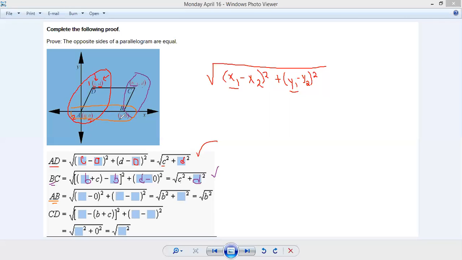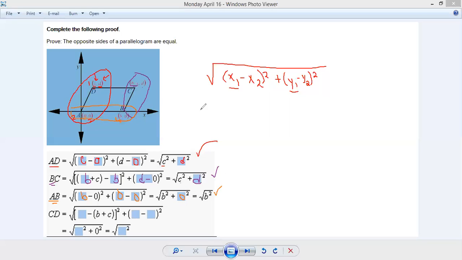Oops. So this is first. So we're going to have the B minus 0. So this is our first coordinate here. So that means I'm going to have to do the Y that matches it, 0, minus 0. So it doesn't really change. So then B minus 0 is B squared, and then 0 minus 0 is 0 squared. And then that just simplifies to the square root of B squared. That's how you do that one.